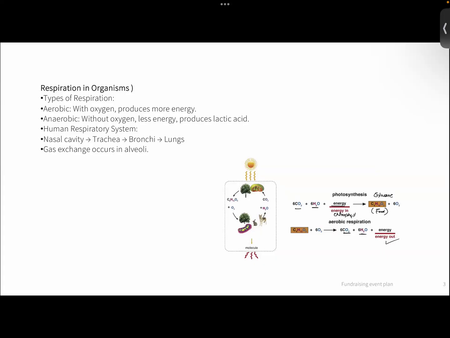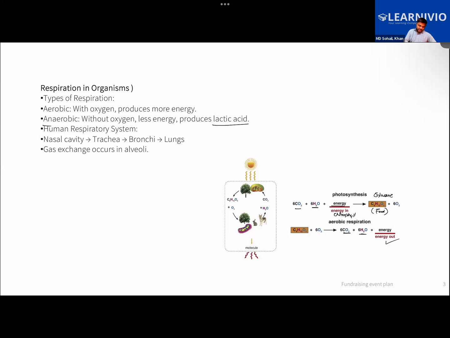Then there are two types of respiration. One is aerobic respiration, where oxygen is used to break down the food and it gives more energy. The other is anaerobic respiration, where food is broken down without oxygen and it gives less energy and also produces lactic acid, particularly in humans.